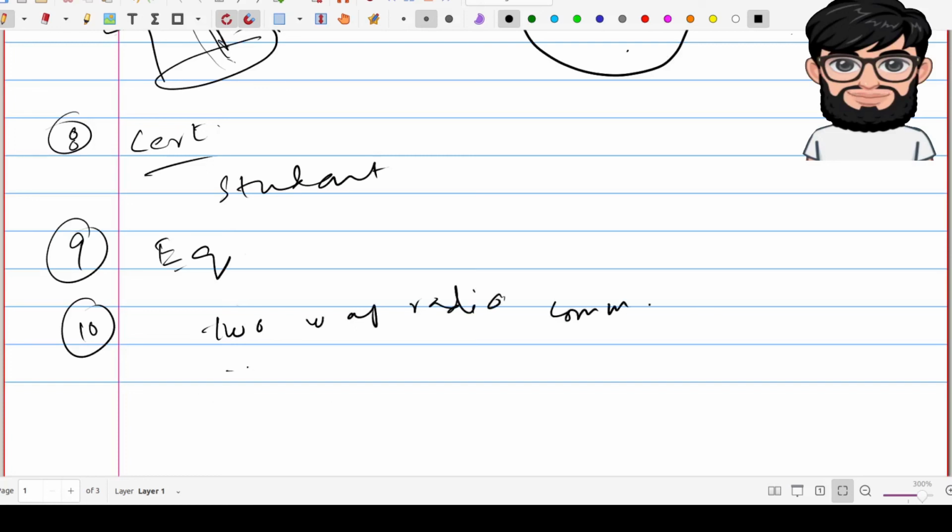How is it different from class Bravo airspace? In class Bravo airspace, you should always listen for clearance to enter the class Bravo airspace. ATC should call out that you are cleared to enter class Bravo airspace.